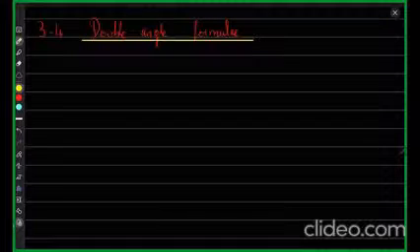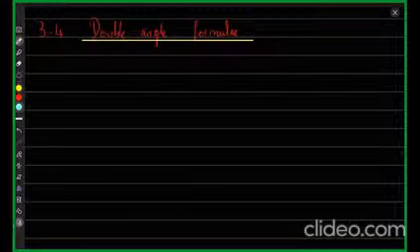So let's get started. Okay. Now, basically, when the statement says double angle formula, that basically means that you would be having double angle.